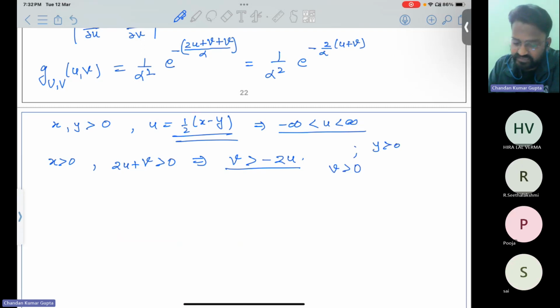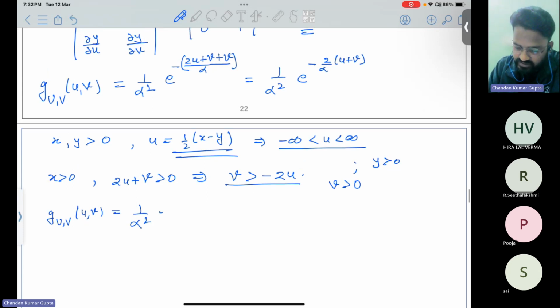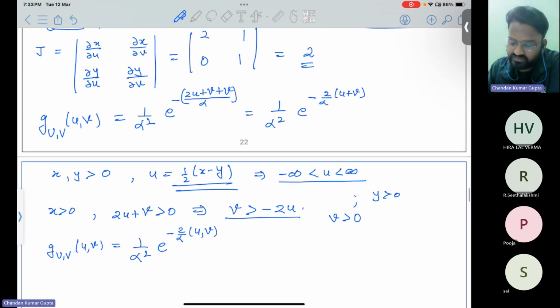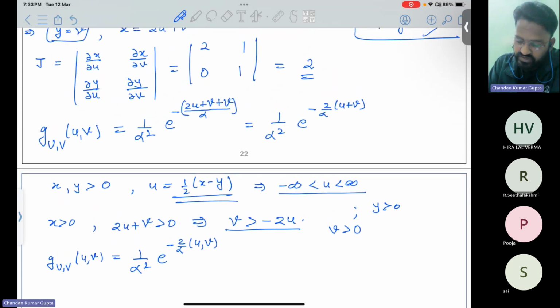So let me write g of (u, v) equal to 1 by alpha square e to the power minus of 2 by alpha times (u plus v). I have missed one thing actually. We need to multiply with the Jacobian here also, which is 2, and it comes out to be like this.